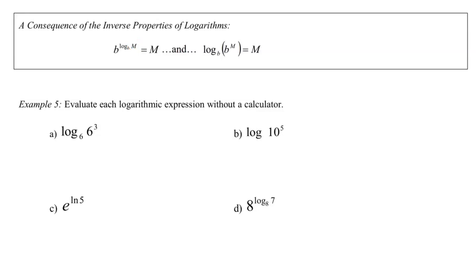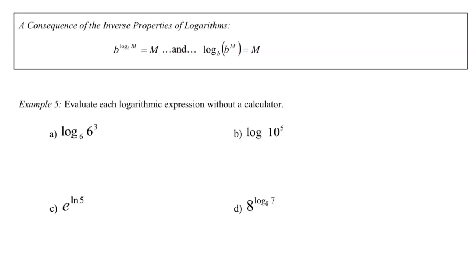And then similarly, if you have log base b of b raised to the m power, the log base b of b will cancel. You'll just be left with the exponent there of m. And so I always tell students these are the easy problems. You just have to recognize them as the easy problems.